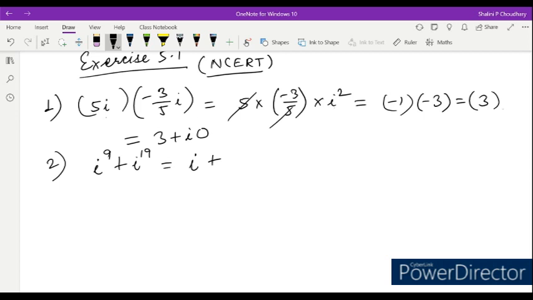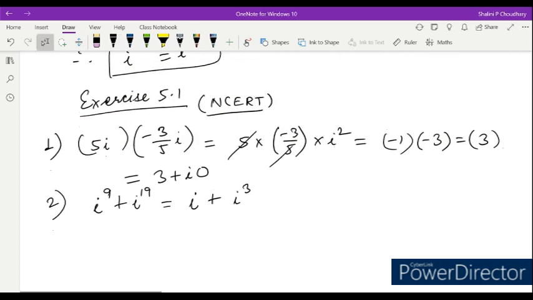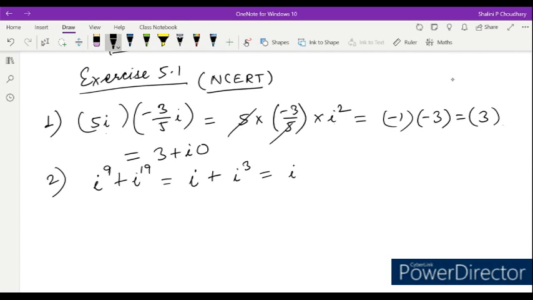And i to the power 19 is i to the power 16 into i to the power 3, so it will be minus i. So this will be i minus i, that is equal to 0. In the form of a plus ib, that will be 0 plus 0i.